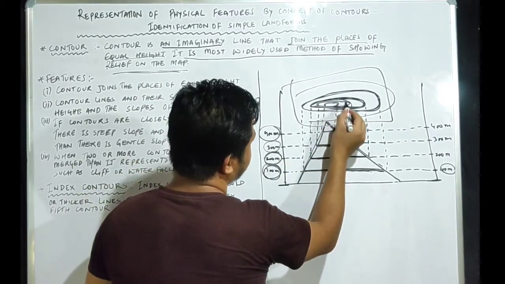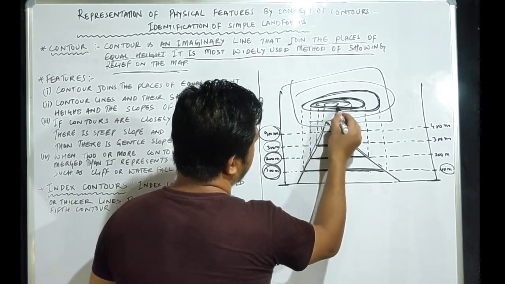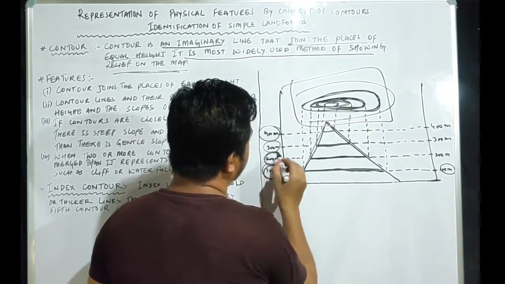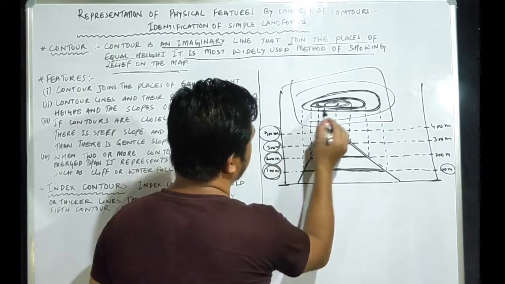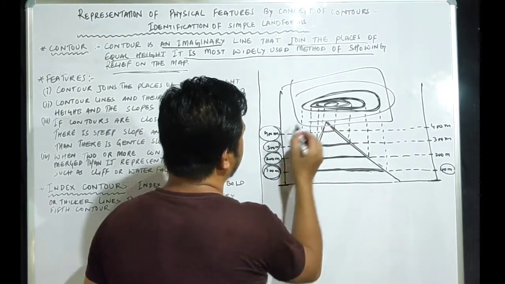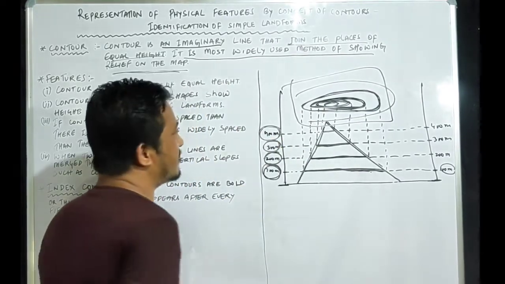Similarly, places of this region will have equal height, that is 300 meters above the sea level. Similarly, places on this line will have equal height, that is 400 meters above the sea level.